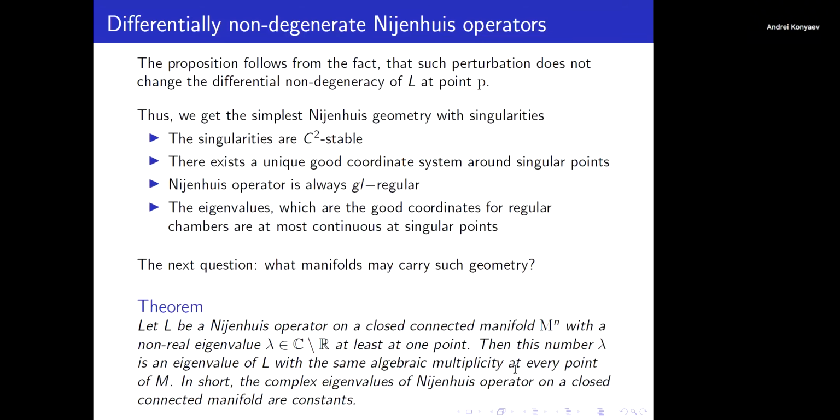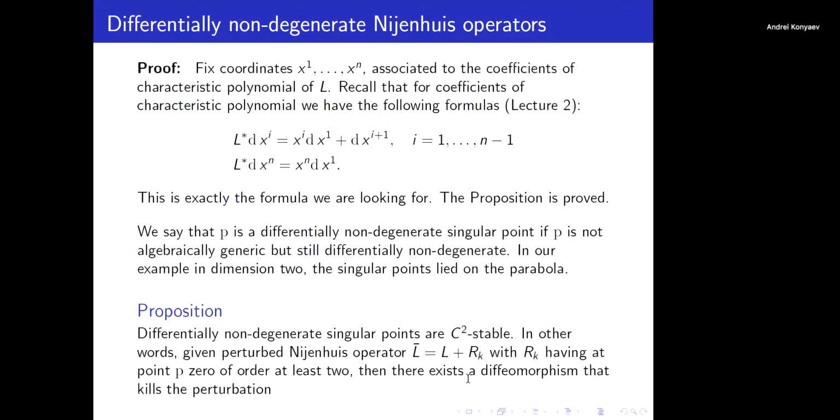This is a very simple proposition. You don't even need the proof because you can see that it is obvious. Why? Because if we calculate the coefficients of the characteristic polynomial at the point, we will see that as functions in the neighborhood in the coordinates associated with L, they will be linear functions plus some addition of higher order functions, because this is what P brings in, right?